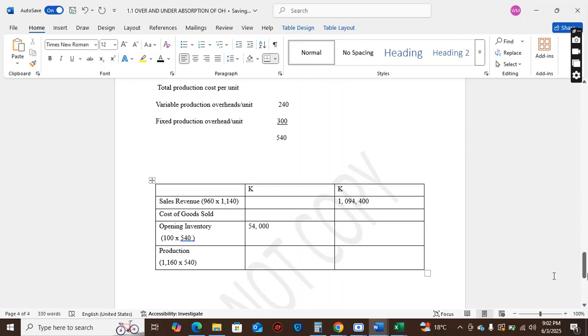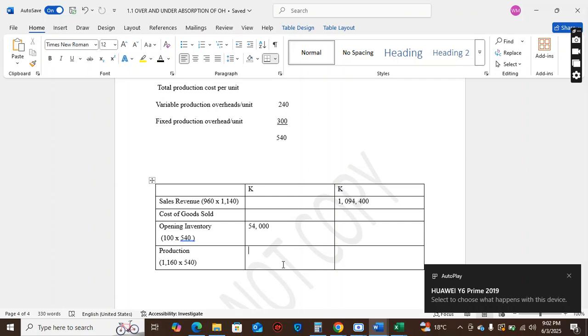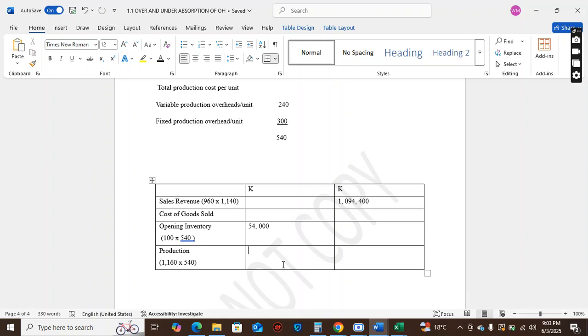What do we get? 1,160 times 540 is 626,400.